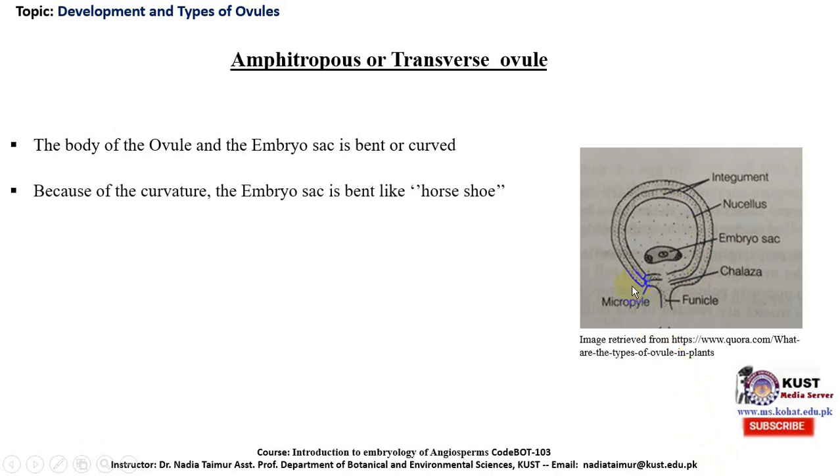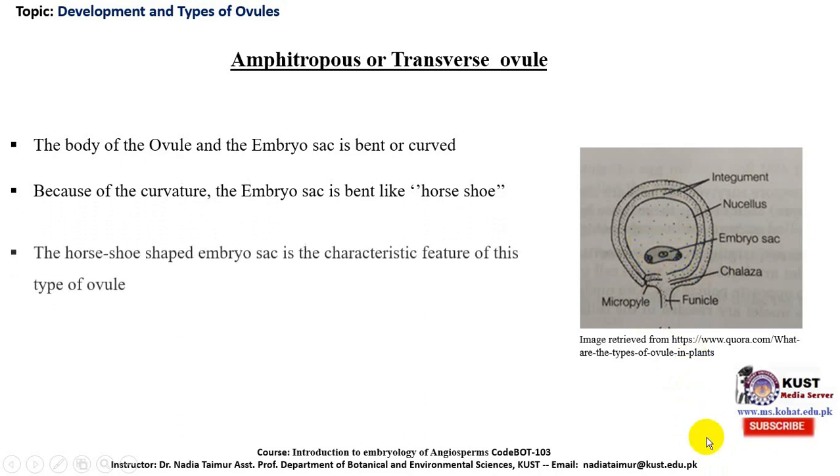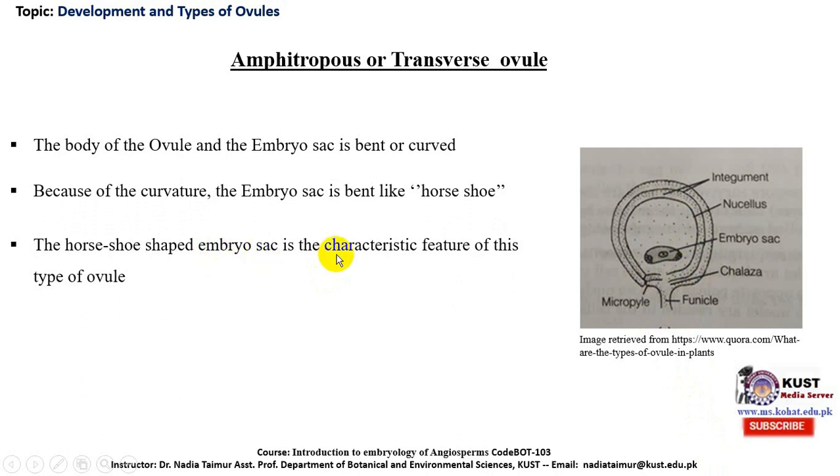Now, because of this curvature, the embryo sac is bent like a horseshoe. So the horseshoe shaped embryo sac is the characteristic feature of this type of ovule. Now, this type of ovule is commonly found in family Lamiaceae, and other notable examples include Poppy, Alisma.